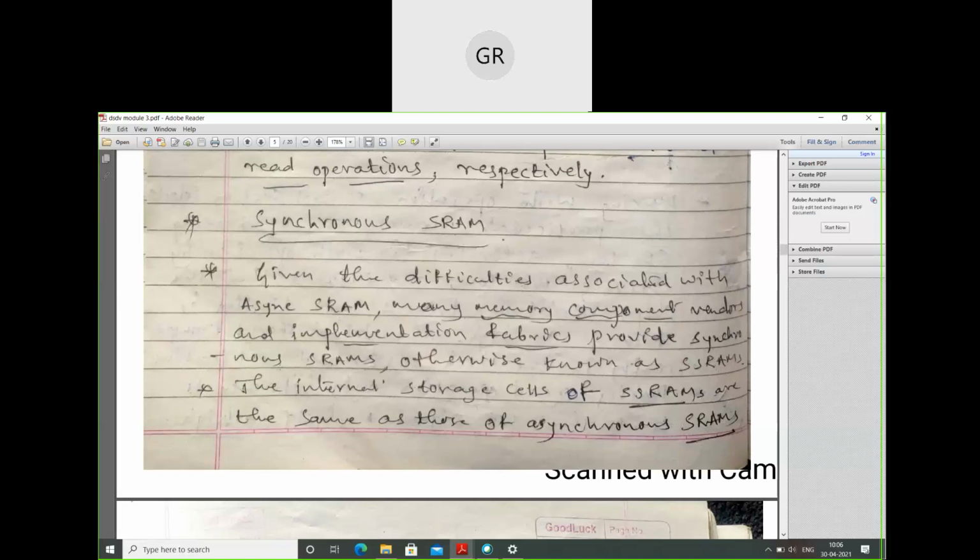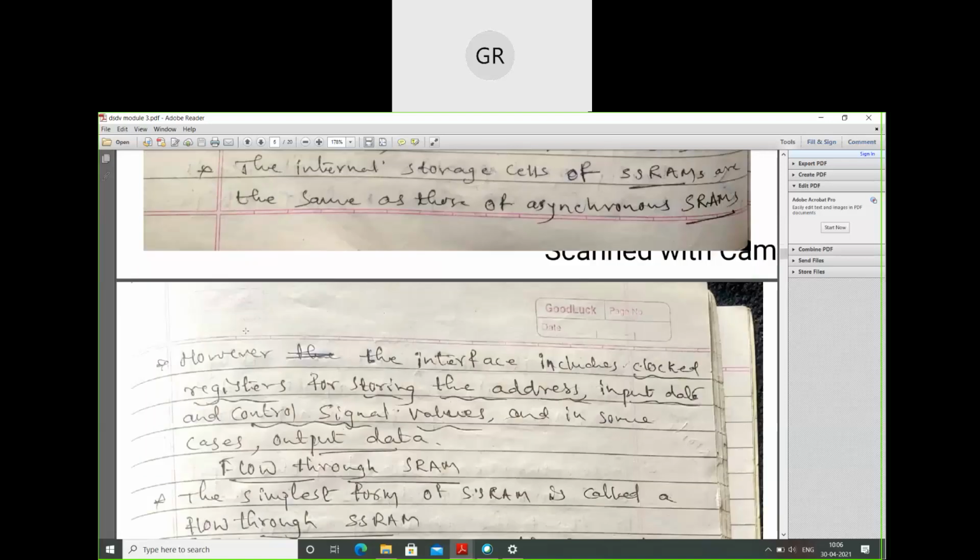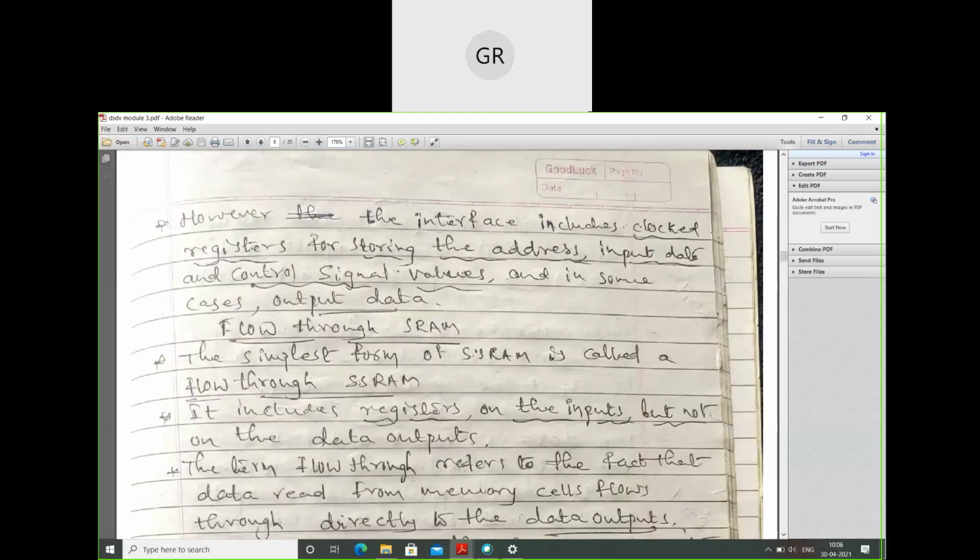However, the interface includes clocked registers for storing the address, input data, and control signal values, and in some cases output data.